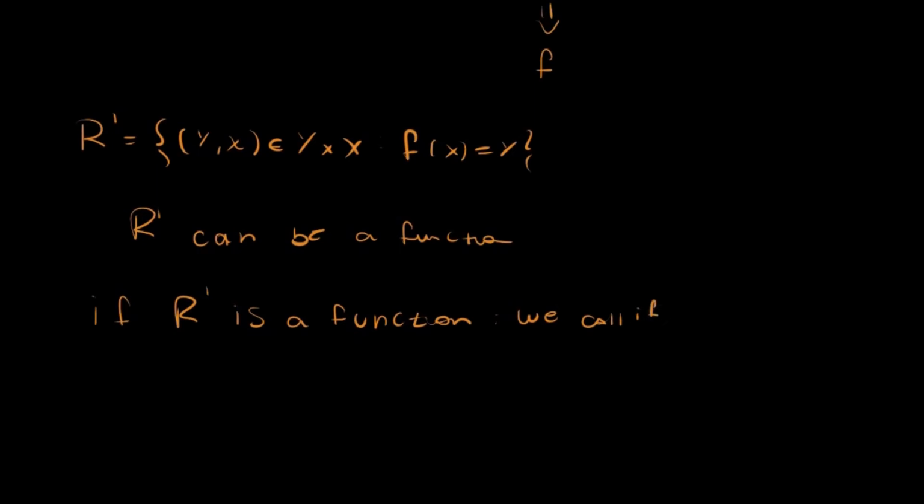I'm going to change colors because this is important. The inverse of f, and it will be noted, this is not a function, this is just an arrow, this is written as f minus 1. So f minus 1 takes an element y, and it will return x.